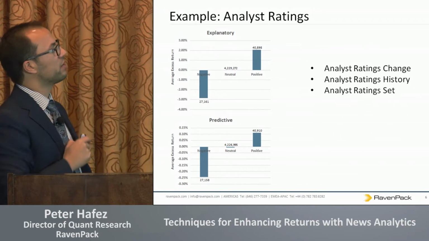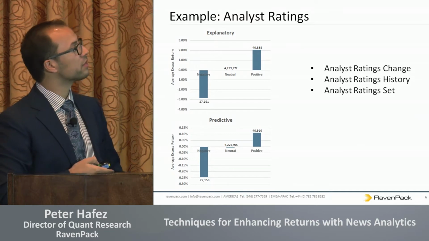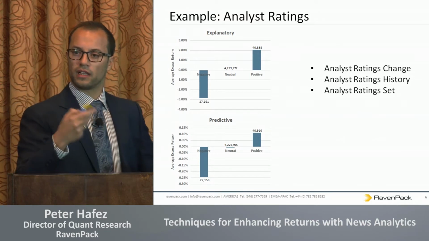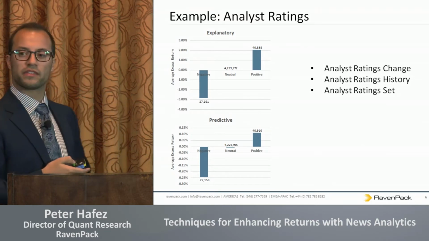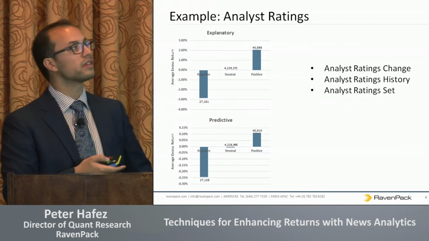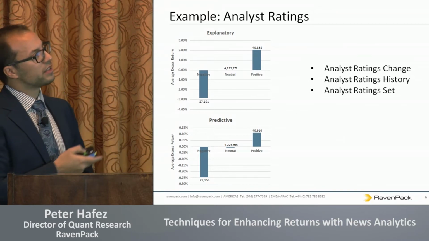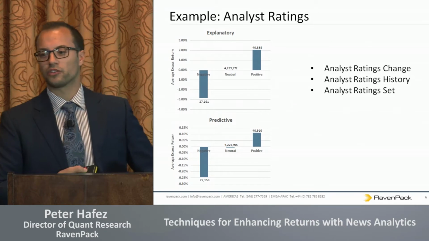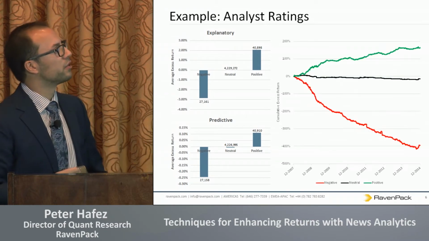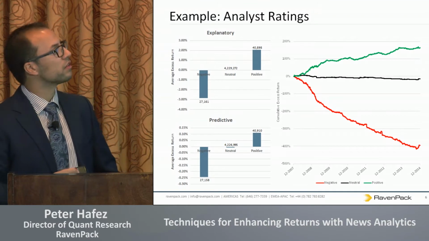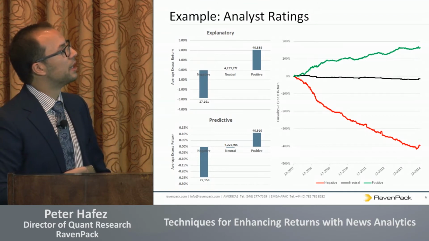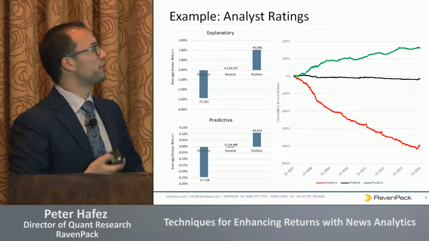And you see a continued underperformance for negative stocks. So basic analyst ratings tend to have this kind of momentum-driven effect on stock prices over the following day. And this is basically the cumulative return profile you would have seen had you traded those different companies that had positive and negative analyst recommendations. And as you can see, it's been pretty consistent over time.